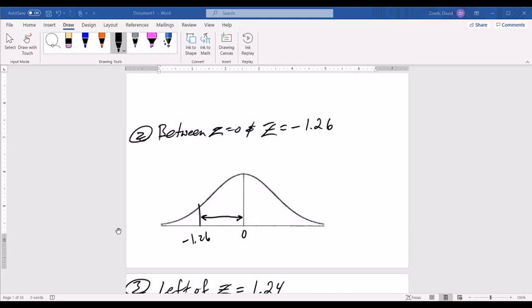I go to 1.2, scroll all the way over to 0.06, and it gives me 0.3962. So the area between 0 and there is just that amount, 0.3962.